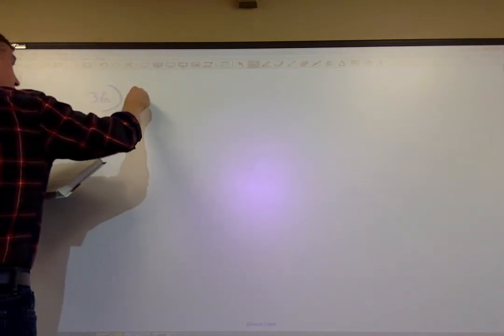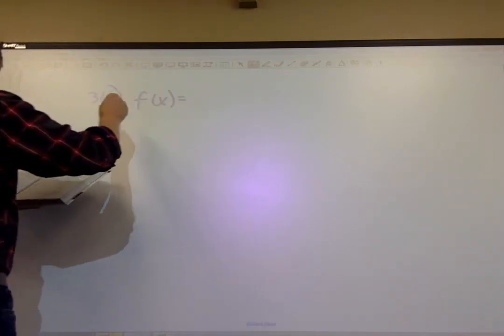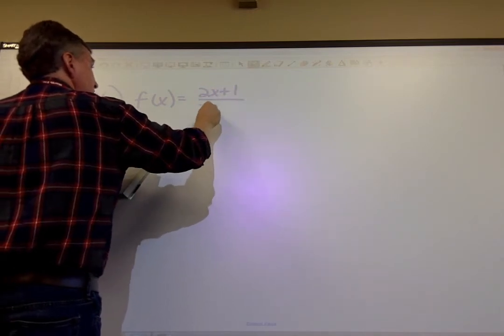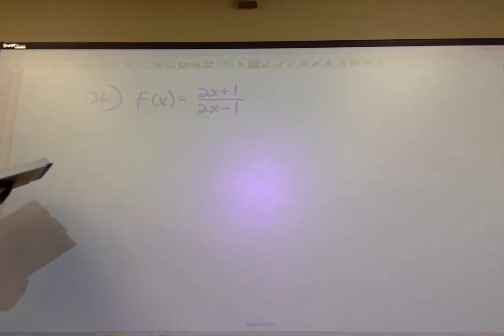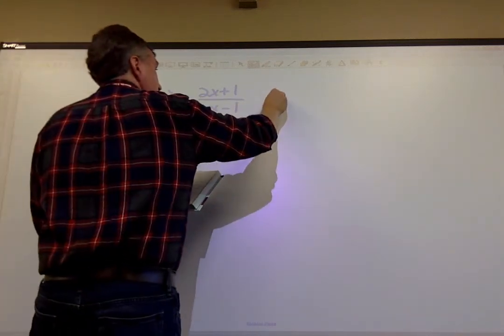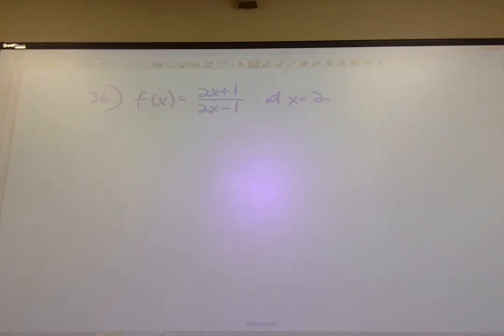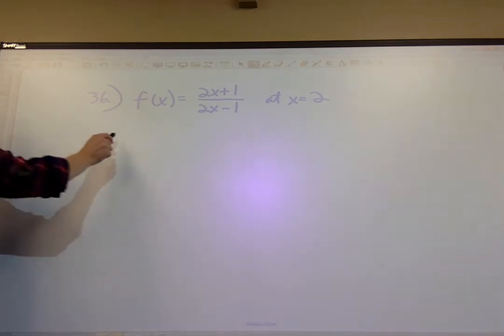Says f of x is 2x plus 1 over 2x minus 1 at x equal 2. So we get one more shot at the quotient rule.